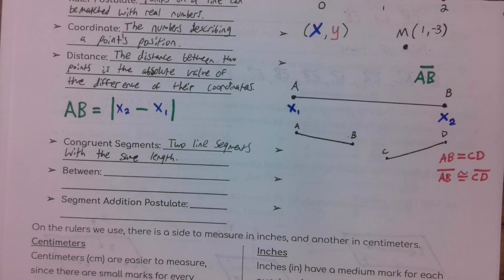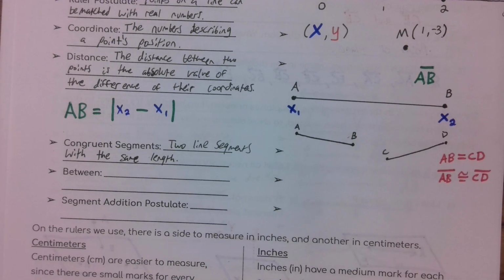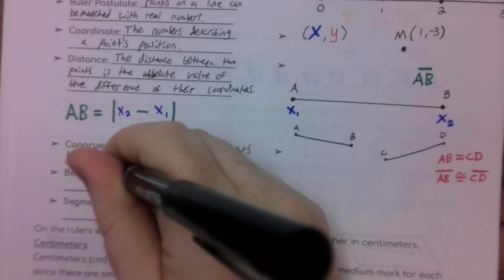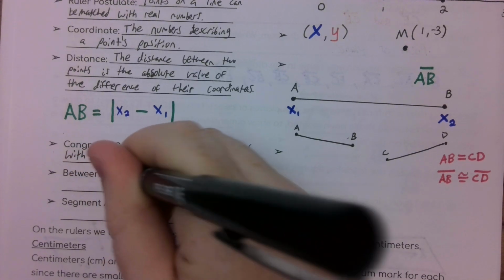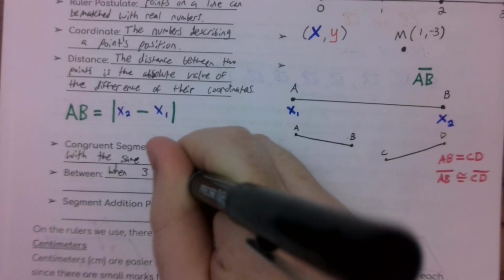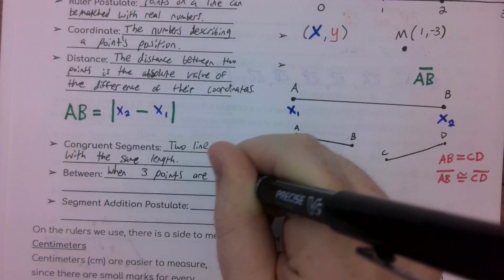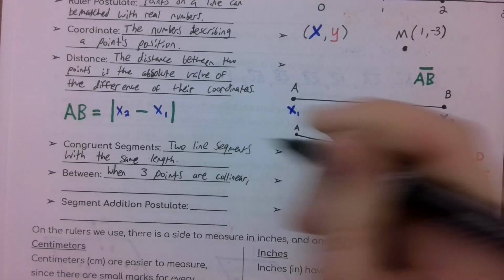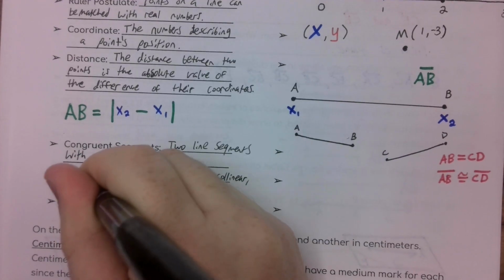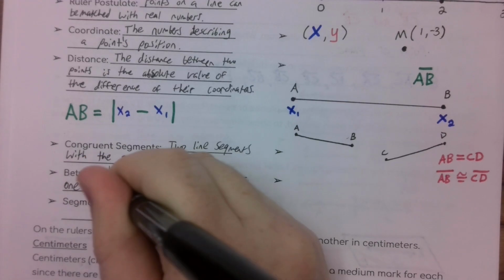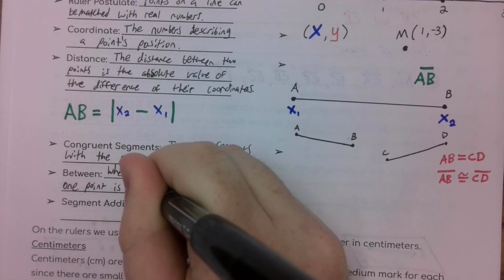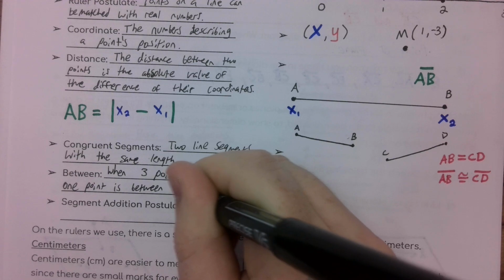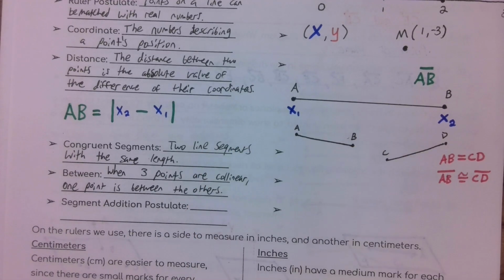Next up, I am going to define the word between. I don't think many of us have problems with the word between, but we talk about something very specific in geometry when we say things are between. Between means that when three points are collinear, one point is between the others.